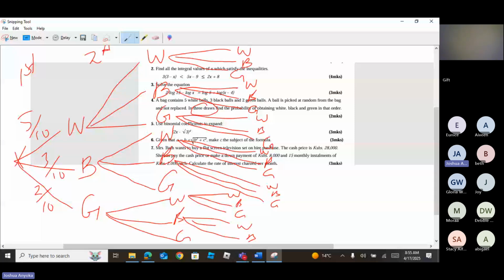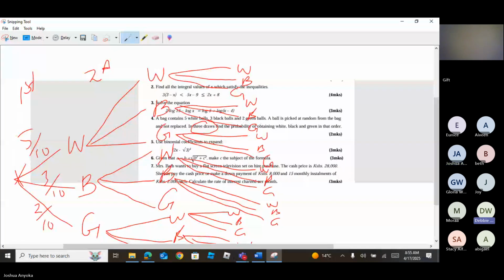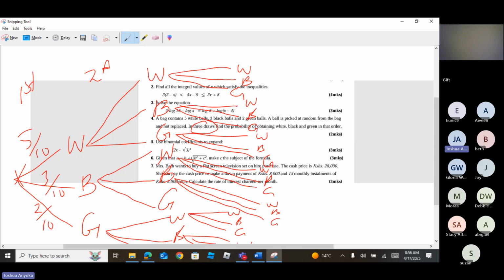So what is for the green? Let us go to the condition that in 3 draws, find the probability of obtaining white, black, and green in that order. It looks simple, it does not require all of this.